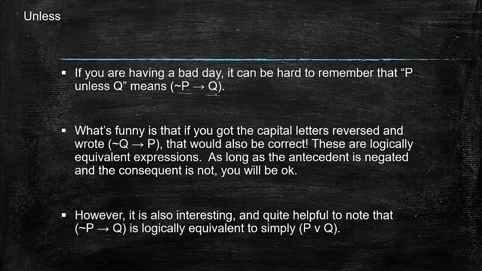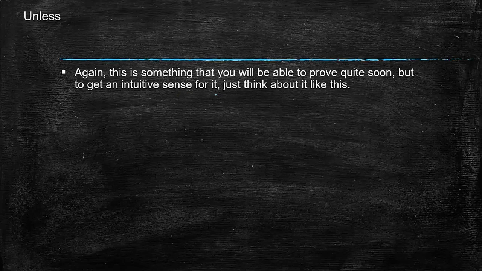However, it's also interesting and quite helpful to note that if not P, then Q is logically equivalent to simply P or Q. Again, this is something that you'll be able to prove quite soon, but to get an intuitive sense for it, just think about it like this. Suppose if not P, then Q is true.